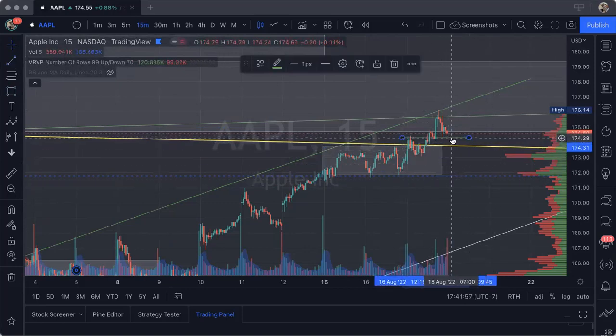So if we break down below that green line, or you can say break down below previous lows from this recent candle, then you can aim toward down here toward the yellow line. And then if we do start to involve all these, look at all that volume over here too, right?